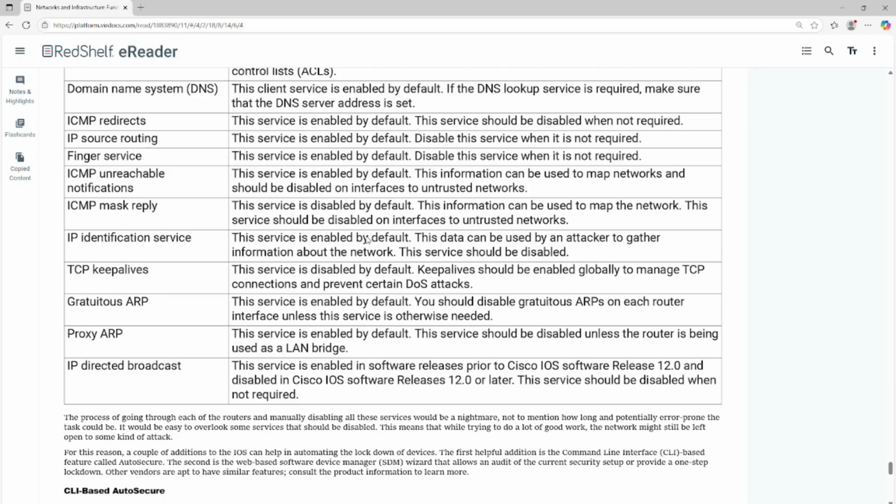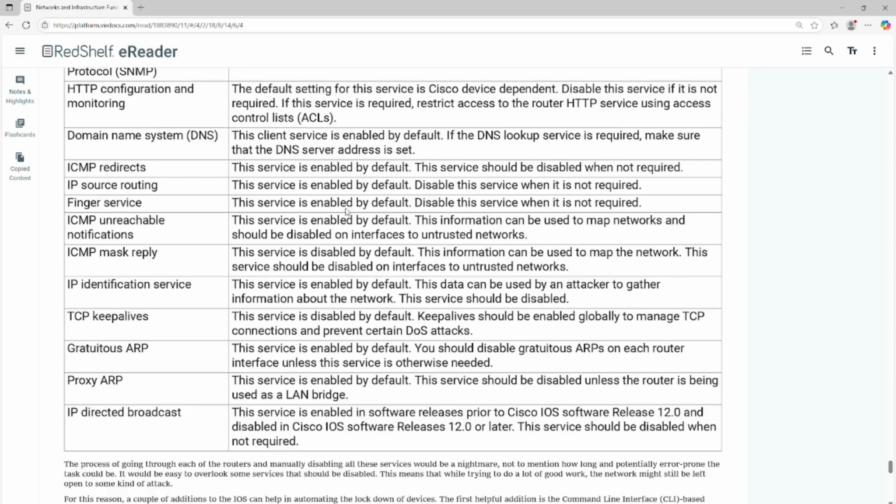But the other services that are enabled by default, which is risky, for instance, the ICMP unreachable notifications, this service is enabled by default. What does this service do? It's meant to provide information.